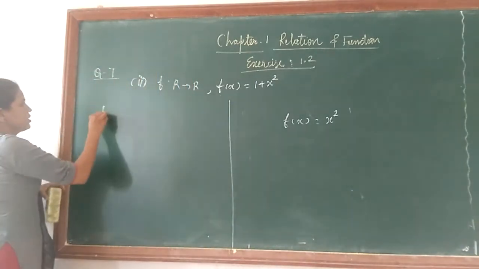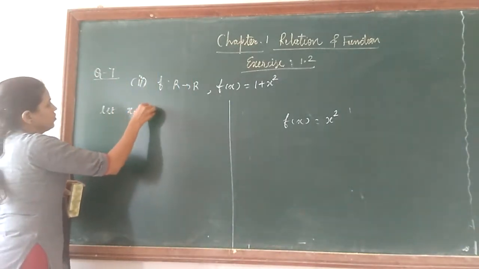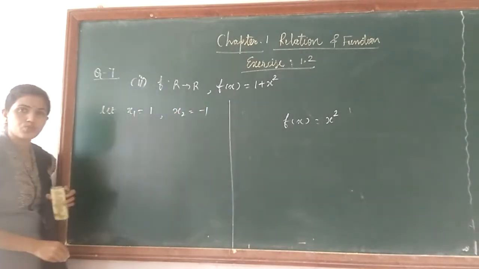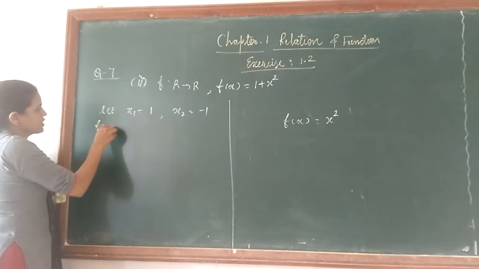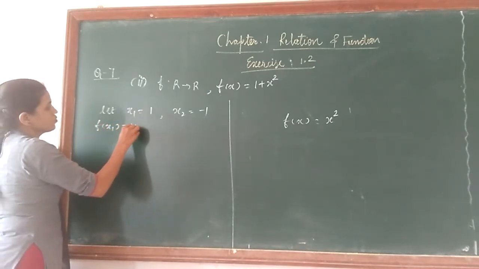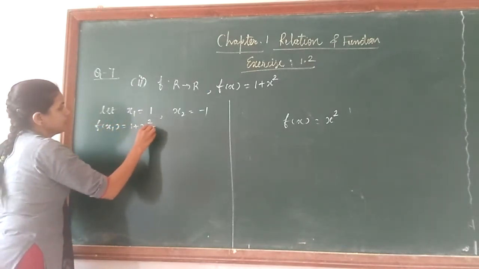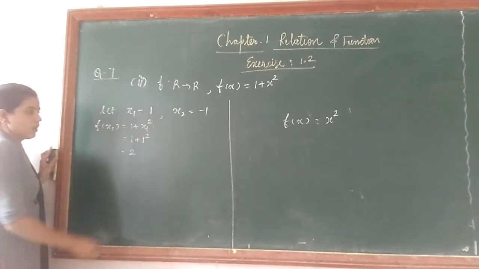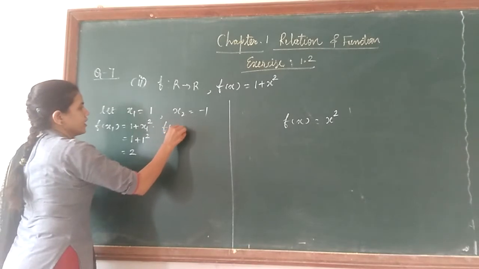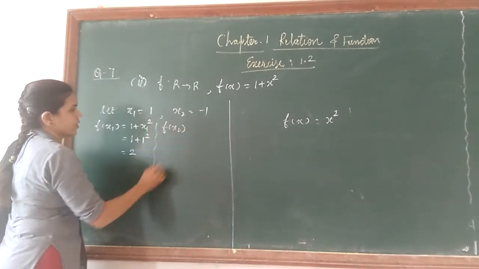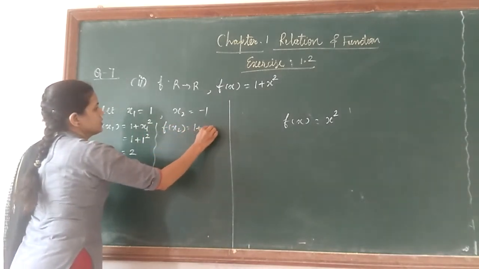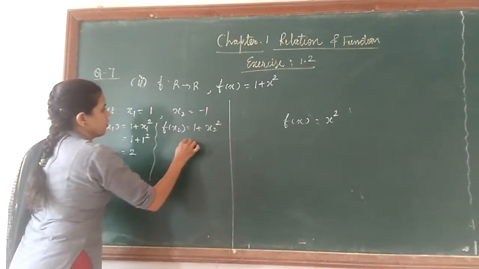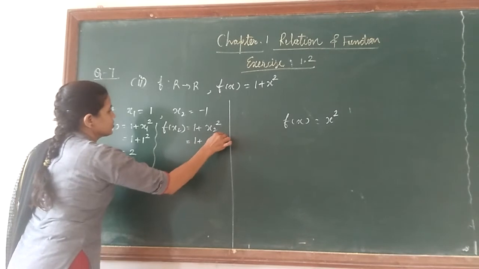Let x1 is equal to 1 and x2 is equal to minus 1. So what can be f of x1? f of x1 means 1 plus x1 square, that is 1 plus 1 square, that is 2. Similarly, what can be f of x2? That is 1 plus x2 square, that is 1 plus (minus 1) square.